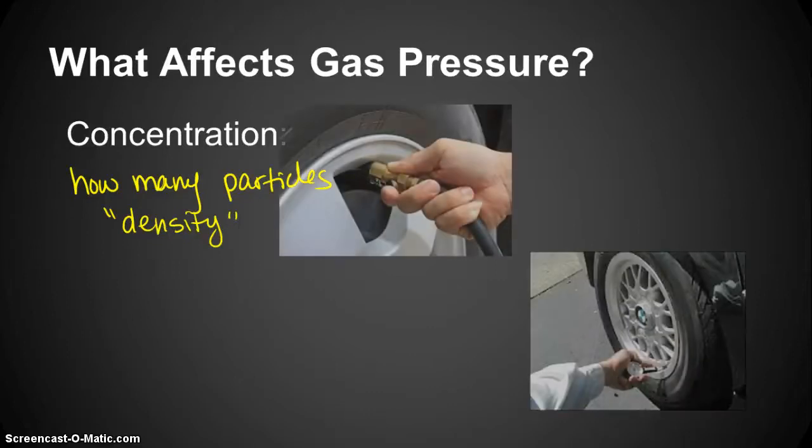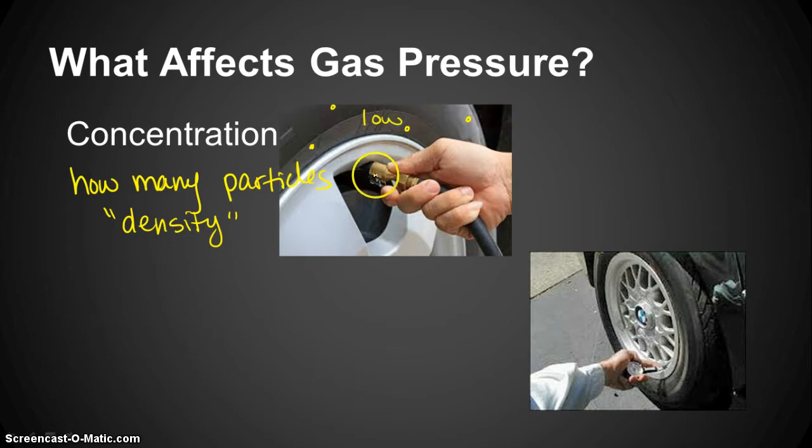So an example of increasing the concentration might be filling up a tire with air. So maybe this is a flat tire, and because it's a flat tire, there aren't very many gas particles in it, and so they're very far apart, they're not crowded, it's very low density, and so it's not very concentrated. And so this would have a low pressure.